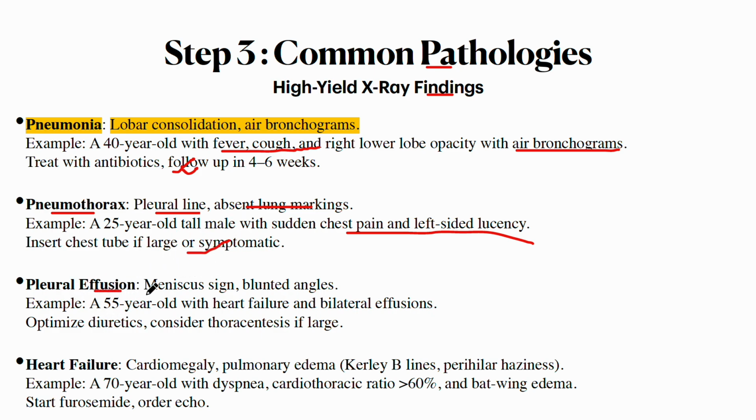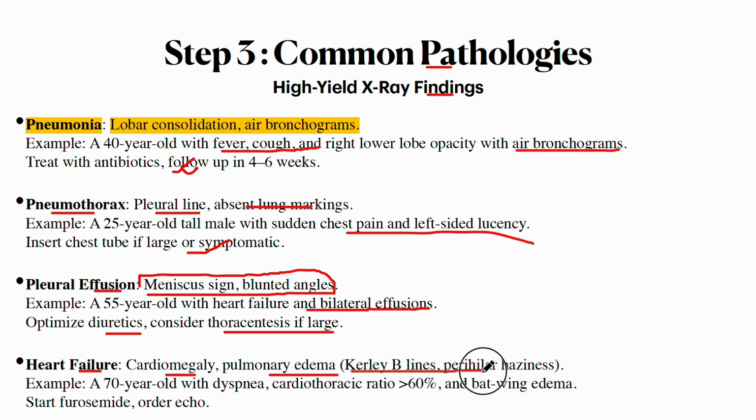In pleural effusion, there is a meniscus sign and blunted costophrenic angles. A 55-year-old with heart failure and bilateral effusions, right? We have to optimize diuretics and consider thoracentesis if the effusion is large. And in heart failure, there is cardiomegaly and pulmonary edema, that is Kerley B lines or perihilar haziness. Example: a 70-year-old with dyspnea, cardiothoracic ratio greater than 60% indicating cardiomegaly, and bat wing edema.